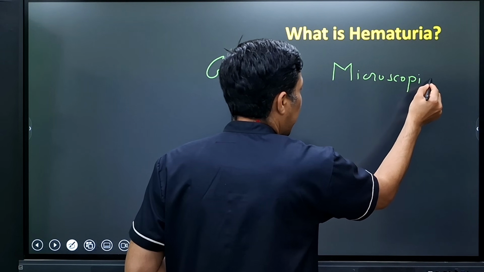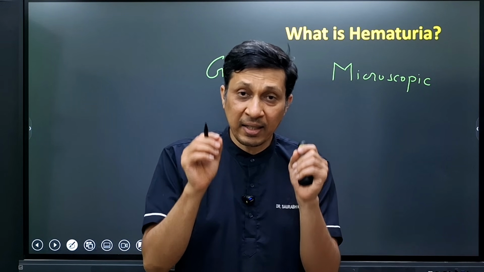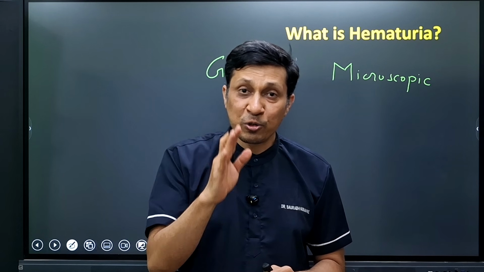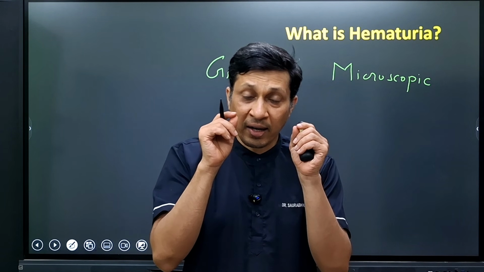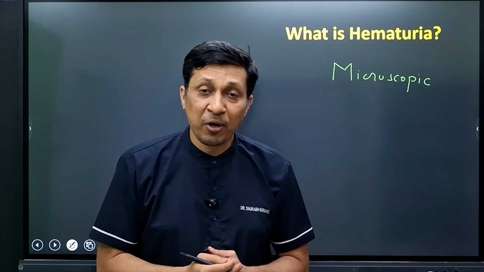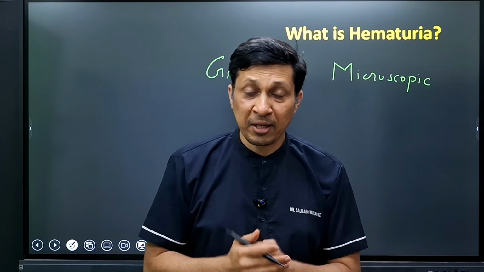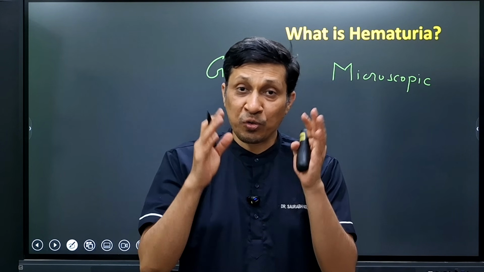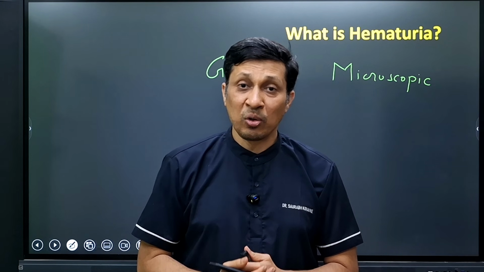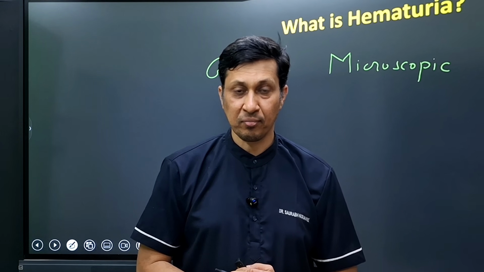In gross hematuria, the blood is visible to the naked eyes in the urine, and in the microscopic hematuria, the red blood cells are detected under microscopy. But you have to remember that hematuria is not a disease, it is a symptom, and our job is to find out the cause. So now let's go and see the 5 common causes of hematuria.